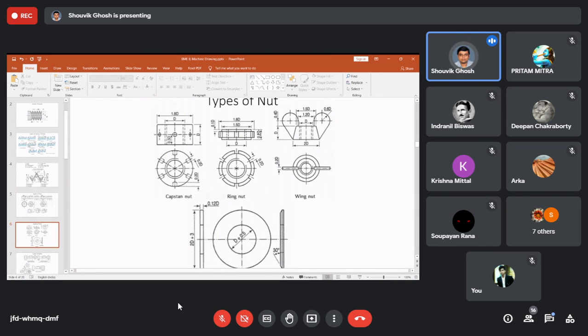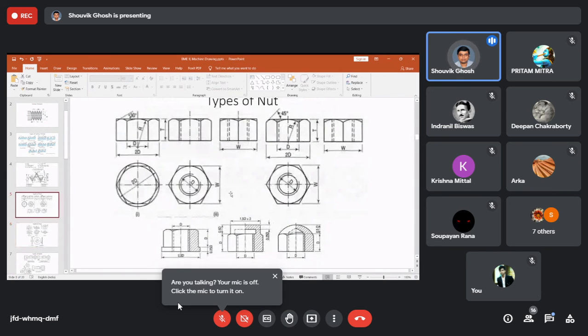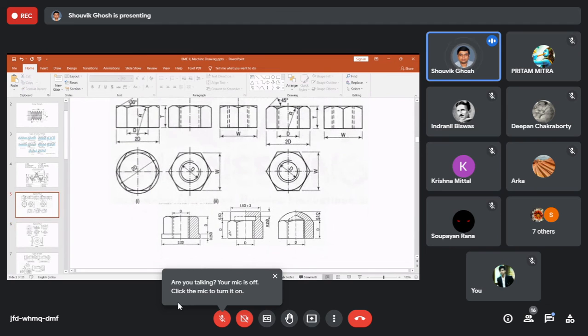In that scenario, decide what the d value should be. First calculate all the values, 1.8 times d, 0.5 d, how much this should come, and if you have enough space, then only you should start your drawing. Okay, so once it is done, you draw each and every type of nut that is mentioned, like capstan, ring, wing, then you have the hexagonal nut, square nut, all this.